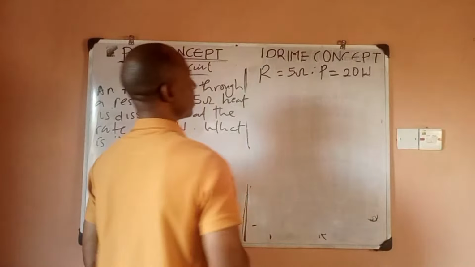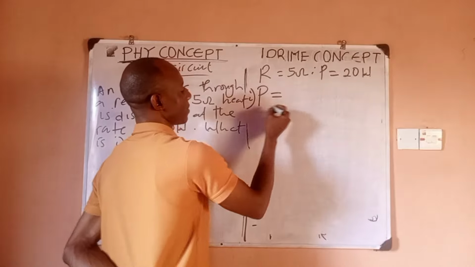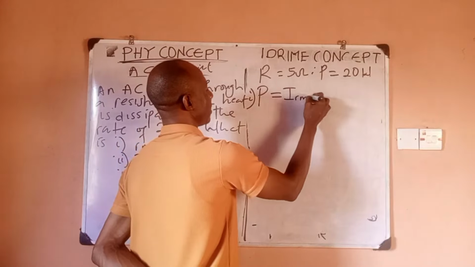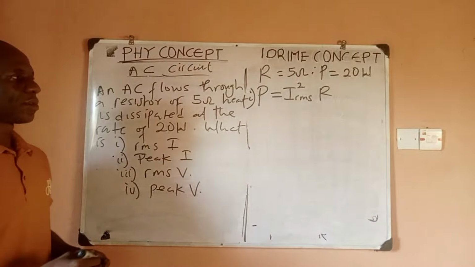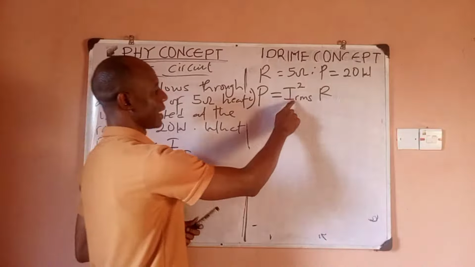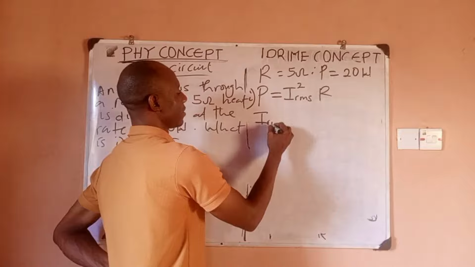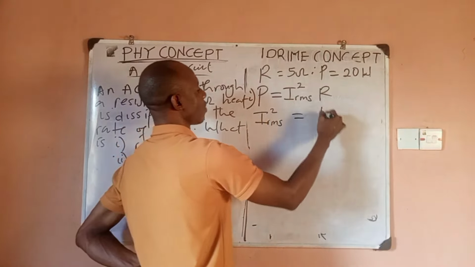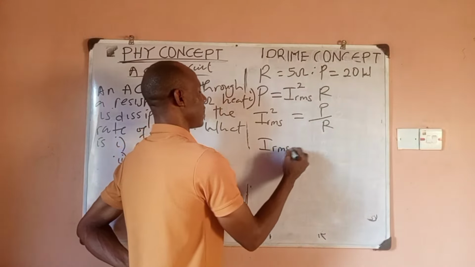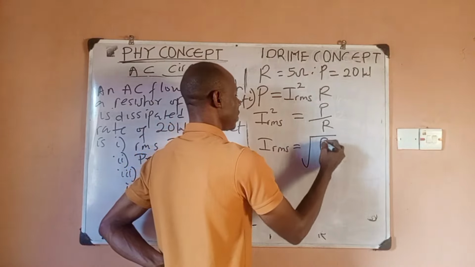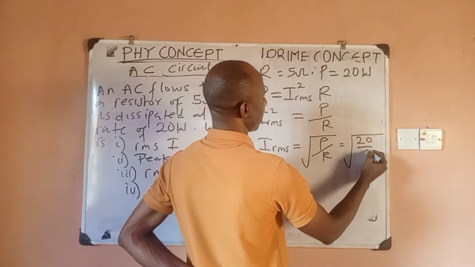First, we know that power P is given as I RMS squared times R. This is the formula for power in terms of RMS. So to find the RMS current, I RMS squared would be equal to P over R. So I RMS would be the square root of P over R, which is the square root of 20 over 5.